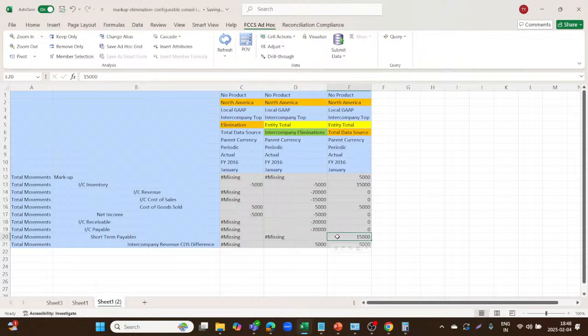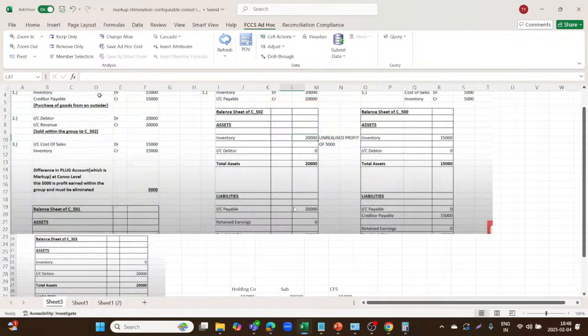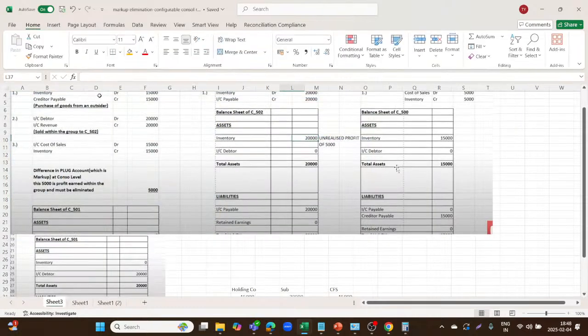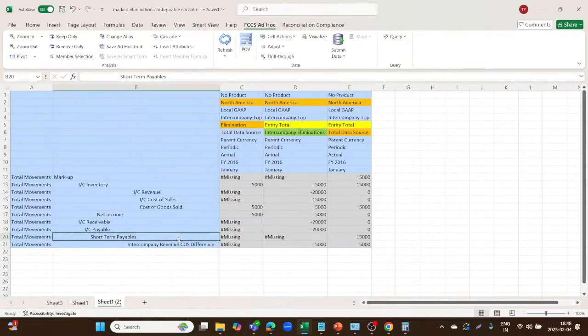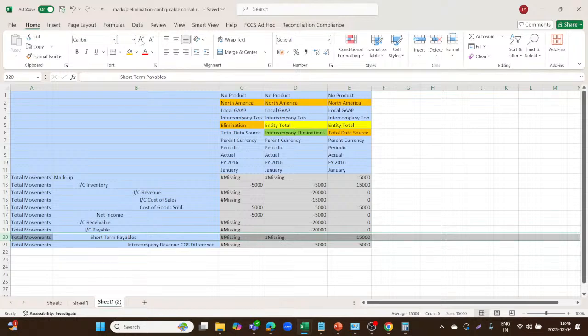In total data source, you will get everything. Short-term payable stands at 15,000, which is correct, because in the consolidated financial statement you will say creditor payable, that is your short-term payable of 15,000, showing correctly.